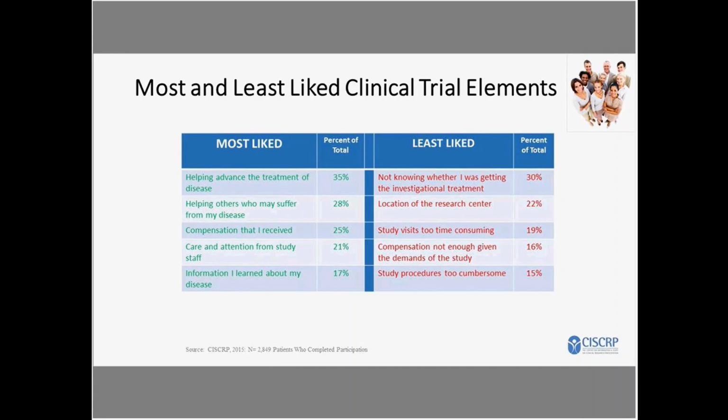The bulk of these all touch on the areas that relate to convenience and the logistics of study participation, the location of the research center, the number of procedures that were performed, the amount of time that has to be spent for the study visits. The point being that the patient has very strong feelings about their experience, and they can articulate a lot of their expectations when we approach them for that input and that insight.